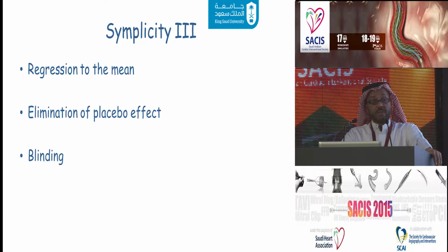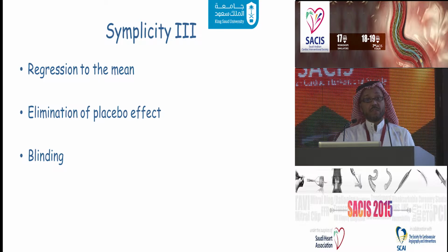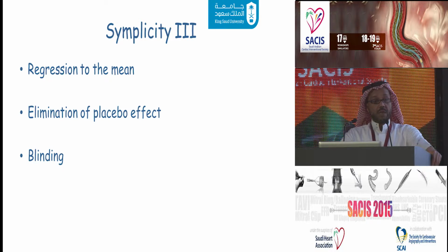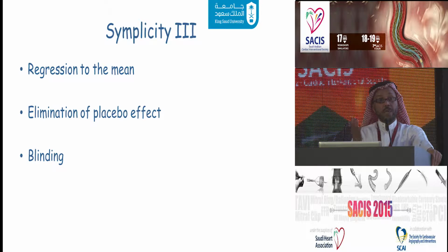Symplicity III was negative. So how would you explain that this trial is negative, yet there are two other positive trials? One of the explanations is a concept called regression to the mean, and by that we mean in Symplicity I and II, they took one measurement prior to the intervention, and that probably was very high.